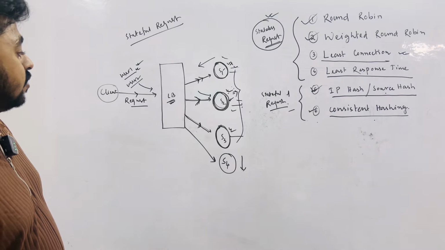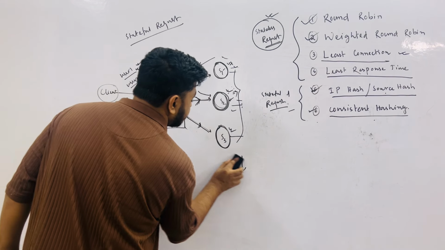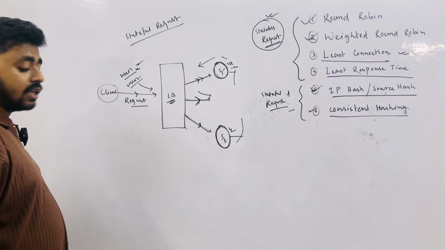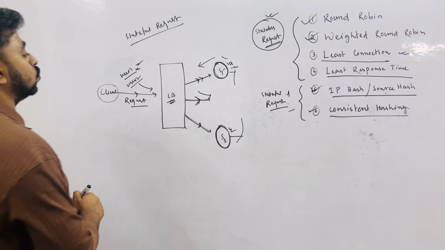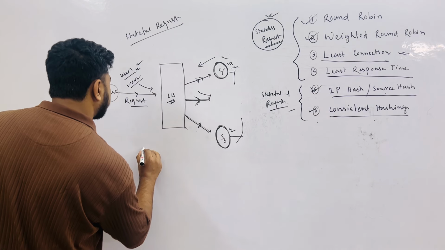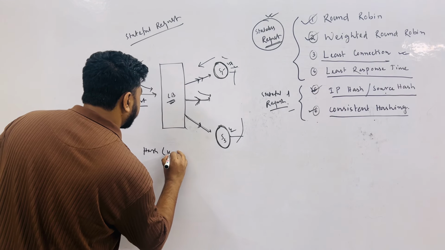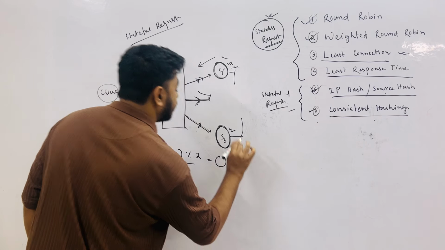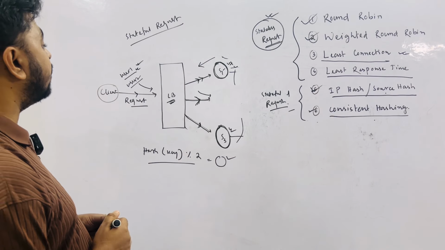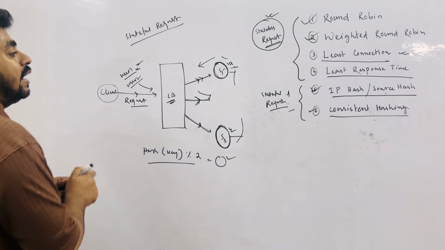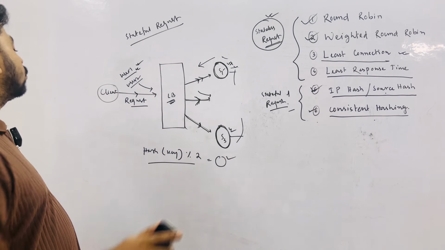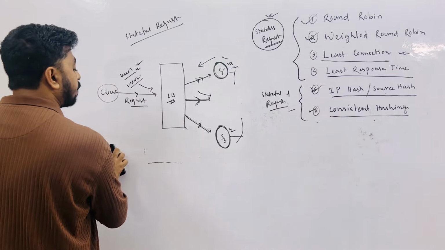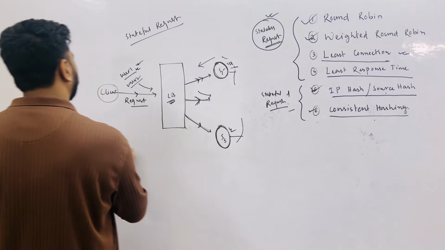Another case: if a server crashes, suppose S2 crashes, then the number of servers becomes 2 from 3, same case. The hash of the key mod the number of servers will differ, we will lose the session or local data, the request will go to another server, and the purpose will not be fulfilled.